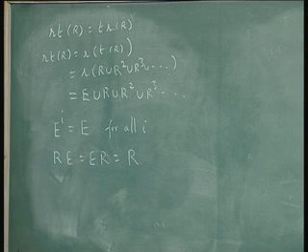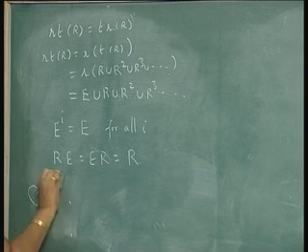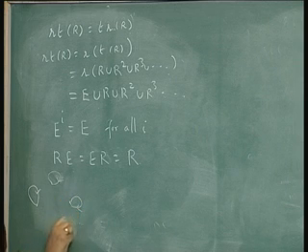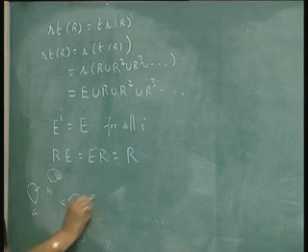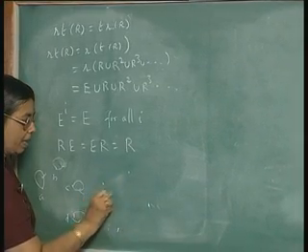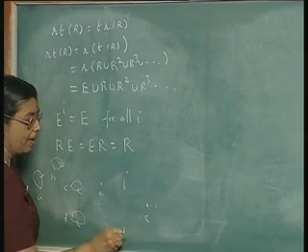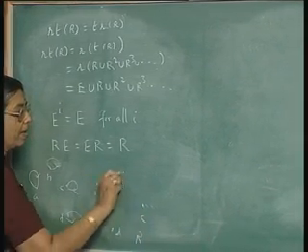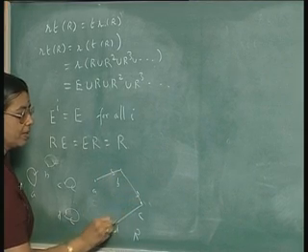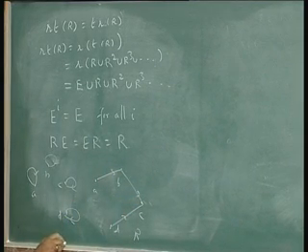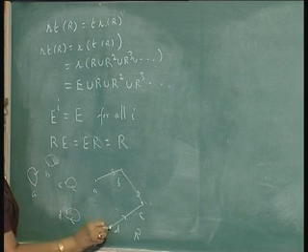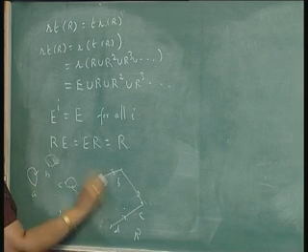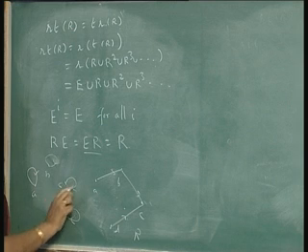What does that mean? Suppose E is the relation consisting of self loops, the equality relation, on some set A, B, C, D, and another relation is there on A, B, C, D represented by R. This will have some arcs. Now, what is the composition of E and R? ER: first this and then this.